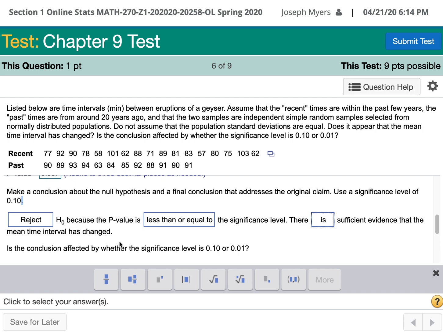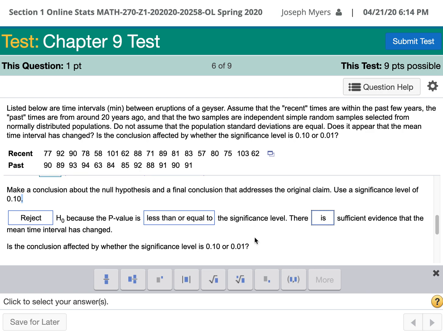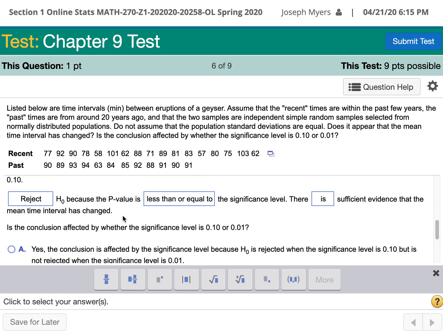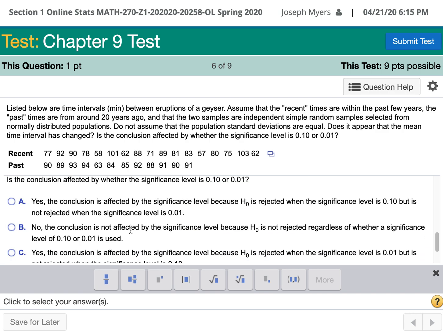Now it says, is the conclusion affected by whether the significance level is 0.10 or 0.01? Well, it is actually affected because if we had had a significance level of 0.01, then the p-value would have been bigger than the significance level, and then we would not have rejected it. So the answer is yes.